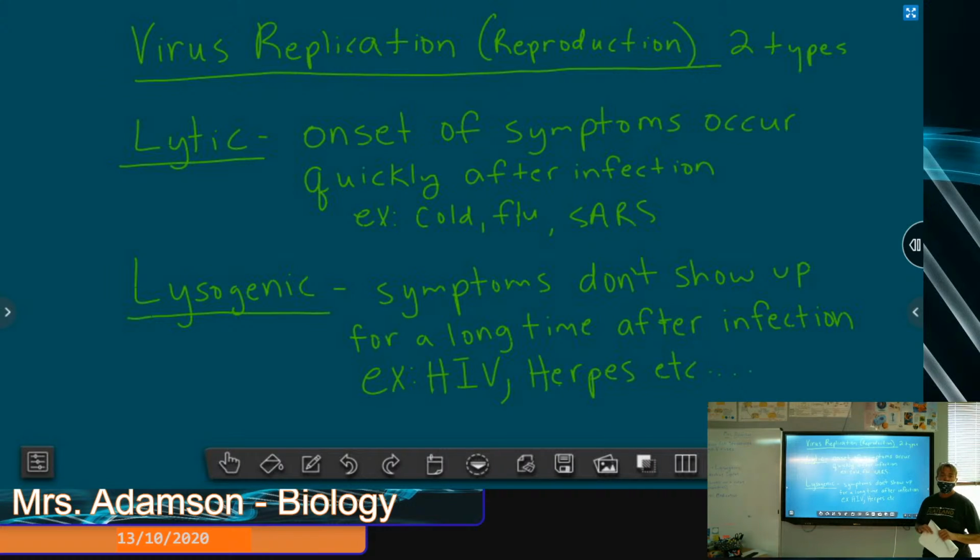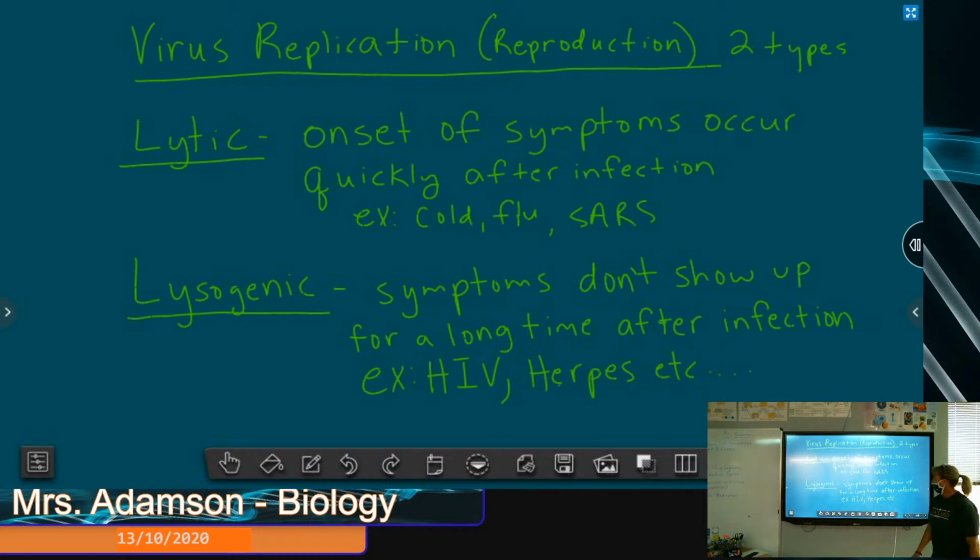Some of us have immune systems so good that we don't experience many symptoms. Some people, with a lower immune system and not in as good a health, are the people who are having a harder time getting well. There may be some other factors, but lytic is the short word, and it's the short amount of time for symptoms to occur.